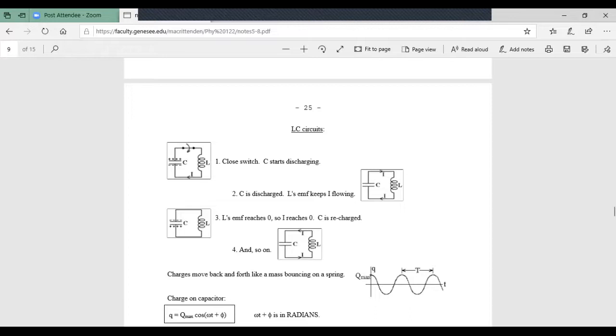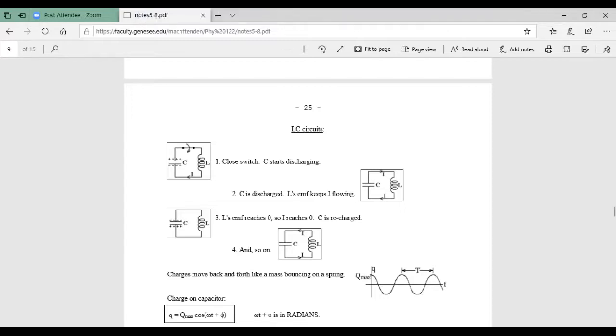Well, when we get to picture number 2, the capacitor is now completely discharged. Notice that I no longer put a bunch of plus and minus signs all over its plates. But the current doesn't stop, because the magnetic field of the coil has energy stored in it, and the coil, in a sense, starts acting like a battery.